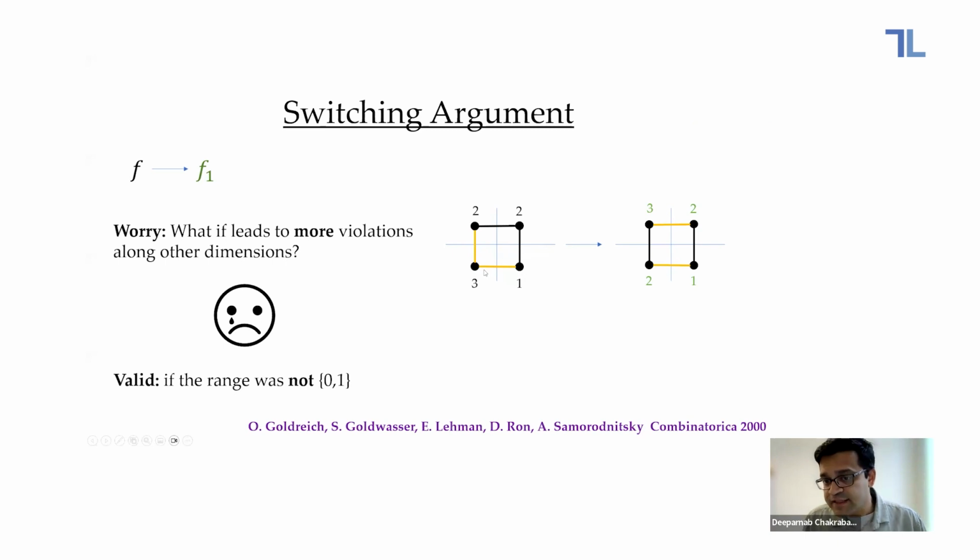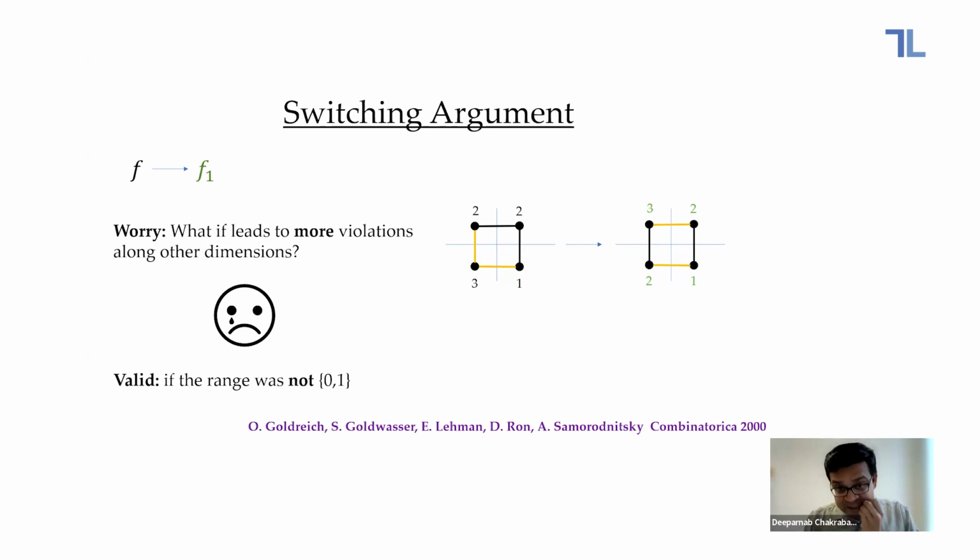So there was one violation before I switched across dimension 1, across the horizontal line. But after I switched and fixed the violations across the horizontal line, across the vertical line, I've made the number of violations grow from 1 to 2. So it is a worry.